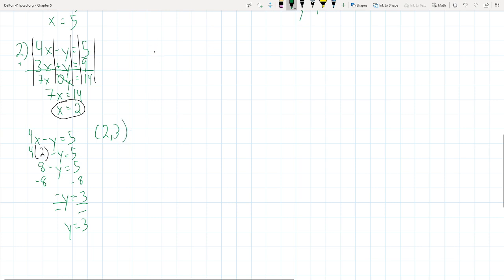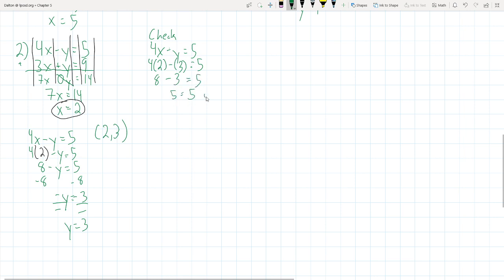Now I'm going to plug these into both equations. This is my check. So 4x minus y equals 5. So 4 times 2 minus 3 equals 5. So I get 8 minus 3 equals 5. 5 equals 5.